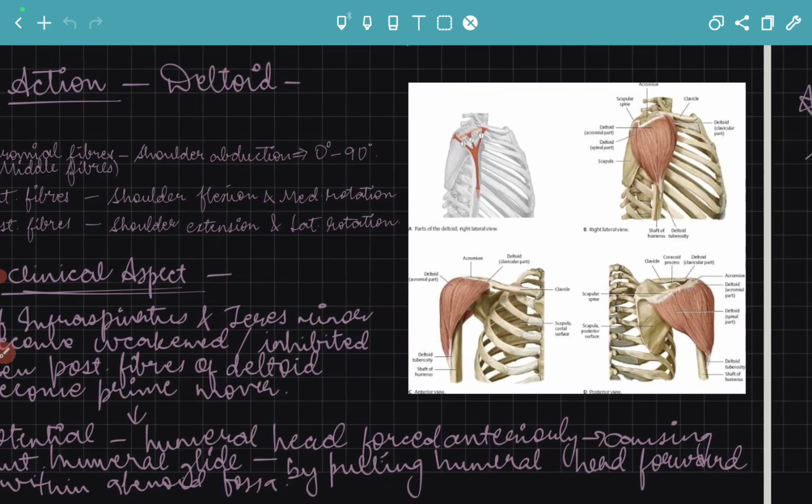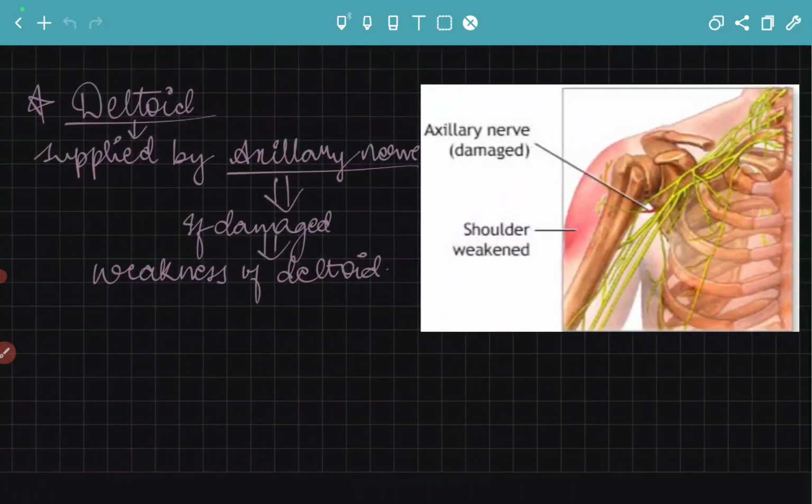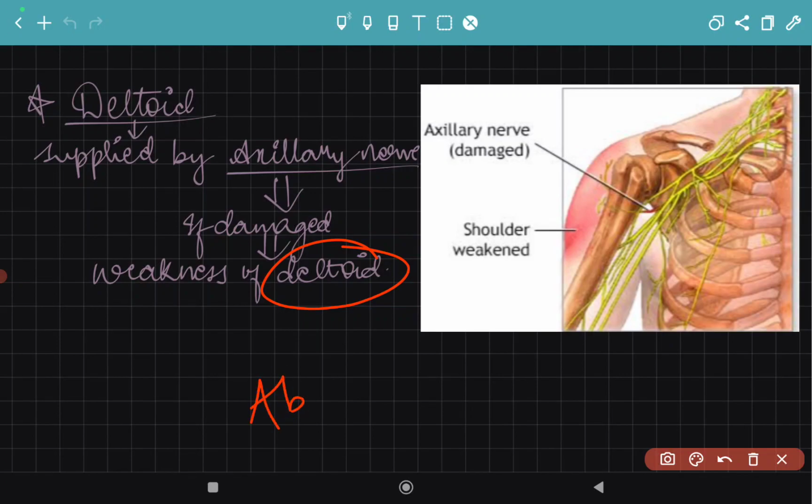We know the action, origin, insertion and nerve supply. So as nerve supply, the axillary nerve is innervating deltoid muscle. If axillary nerve is damaged, then there will be weakness of deltoid muscle. So if there is suspected weakness in shoulder movement such as abduction, because the initial abduction movement will be performed by supraspinatus, and later on deltoid will carry over it.